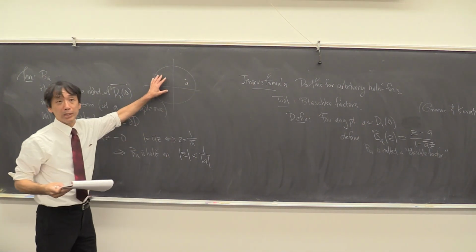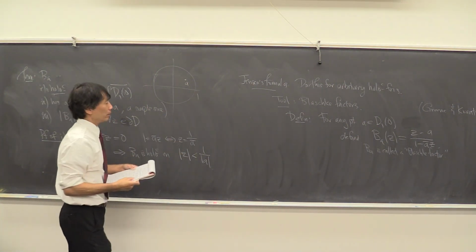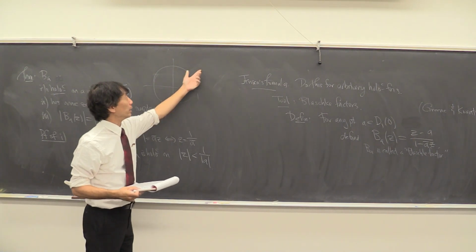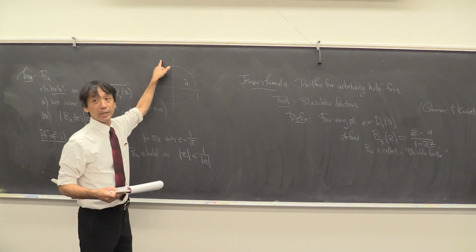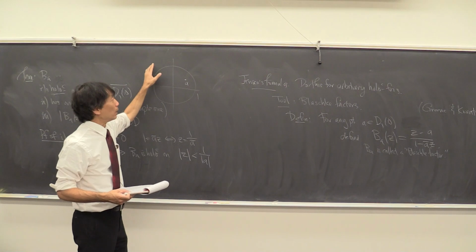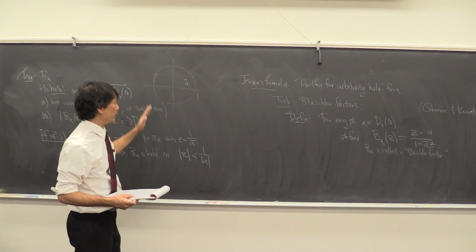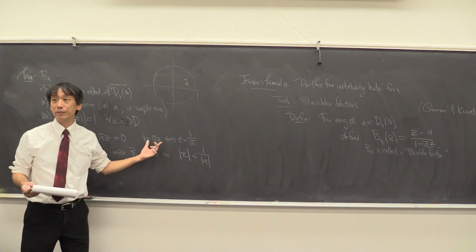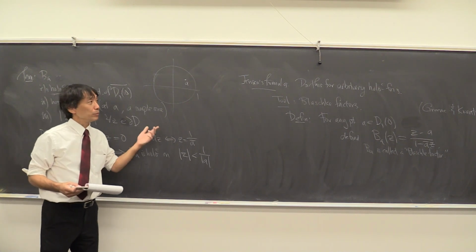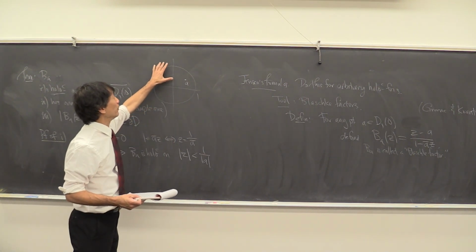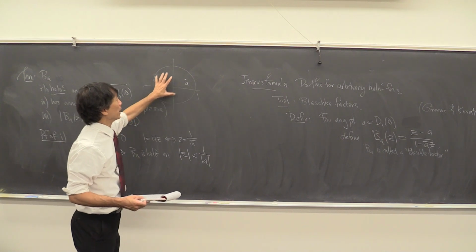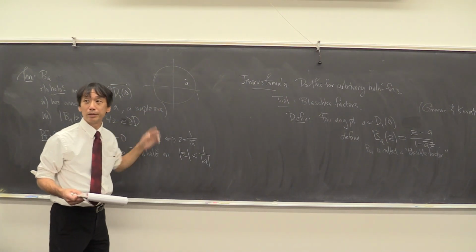A is some point inside the unit disk, so 1 over the absolute value of a is some greater radius. As long as we don't reach that radius, the denominator is never going to vanish, so you're holomorphic on something that contains the unit disk.